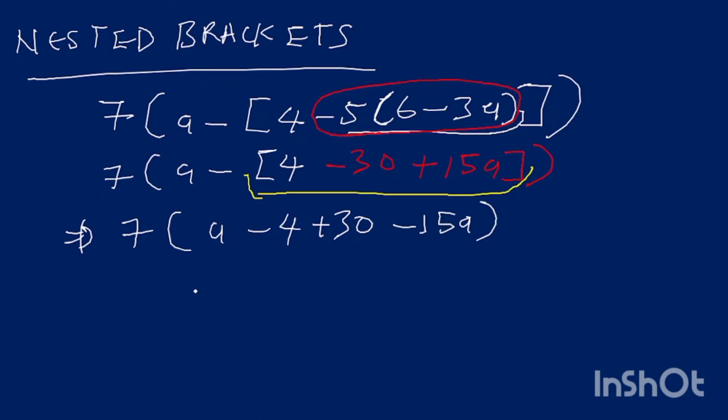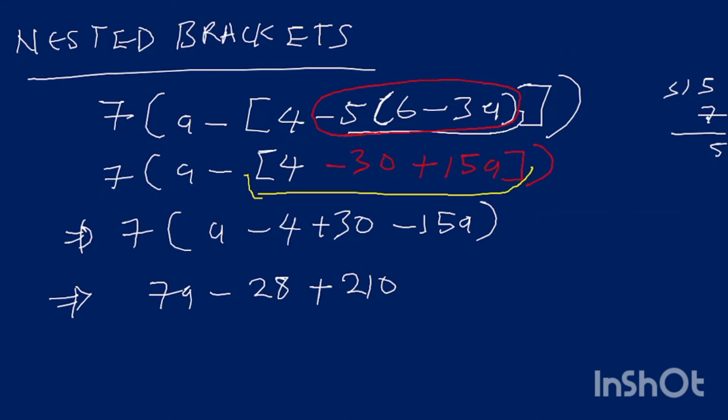Now I'm left with just one bracket, which I can deal with easily. 7 multiplied by a will give me 7a. 7 multiplied by minus 4 is minus 28. Plus 7 multiplied by 30 will give me 210. 7 multiplied by 15 is 105a.